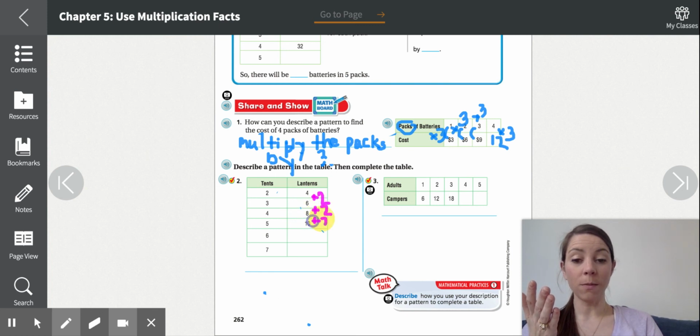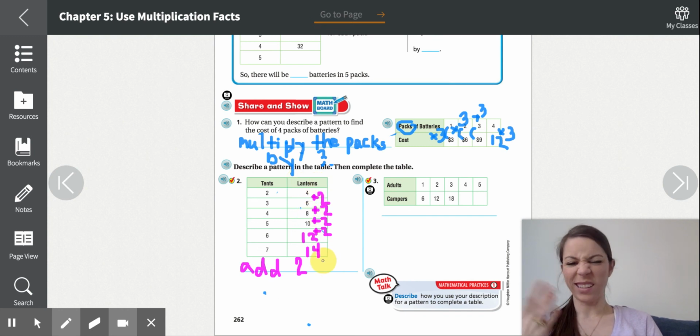So if we keep the pattern going, I would get 12 and then 14, because every time I go down, I'm adding 2. So to write that, you would say add 2. And now what are we adding 2 of? What are these things in this column? Look at the top. Lanterns.